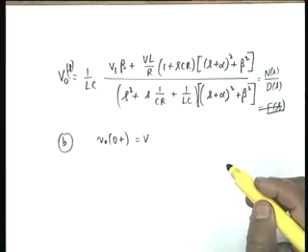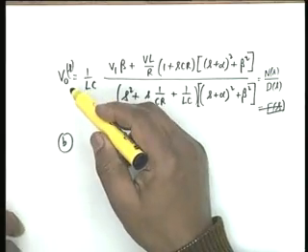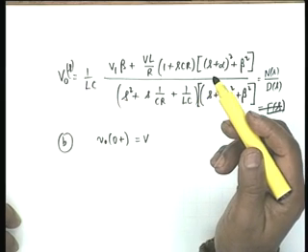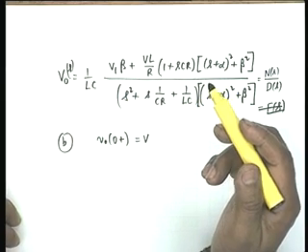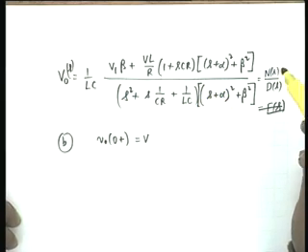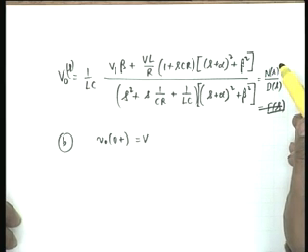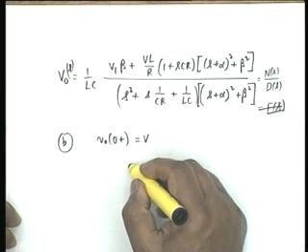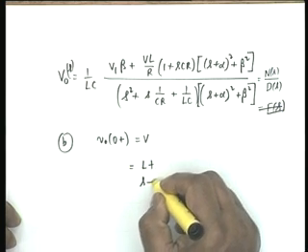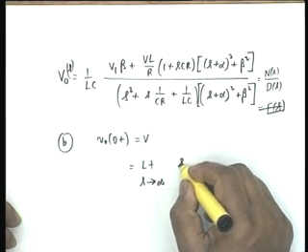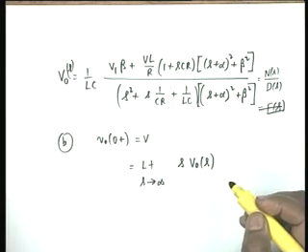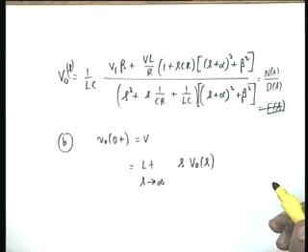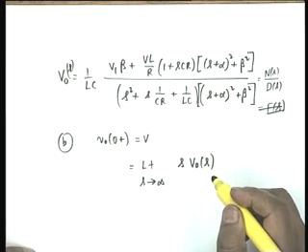But it is instructive to find out from this function V0 of S, if the transform is given by the initial value theorem. Initial value theorem says that if the degree of the numerator is less than the degree of the denominator, then V0 0 plus should be equal to limit S tends to infinity S times V0 S. All right, this is the initial value theorem.